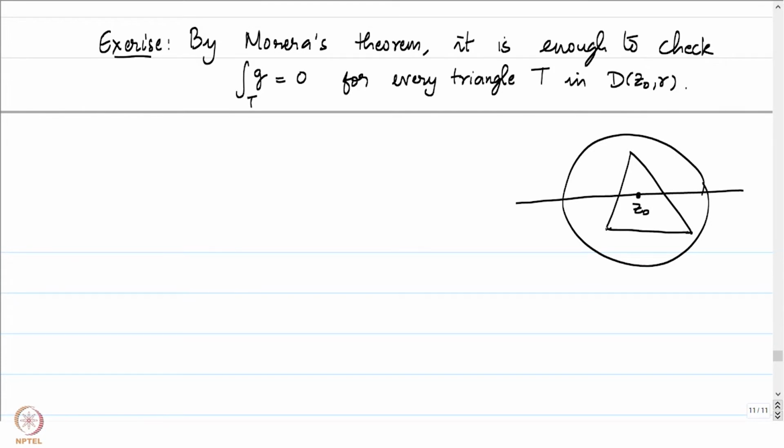The first thing to note would be that we can split the triangle into two polygons, one which is being captured in red and the other in green. And how will the arrows be? The arrows will be like this, of the straight lines where the orientation is being considered, and here it will be in this direction. And when I say orientation, I just mean the initial and the terminal point of the lines that we are considering.